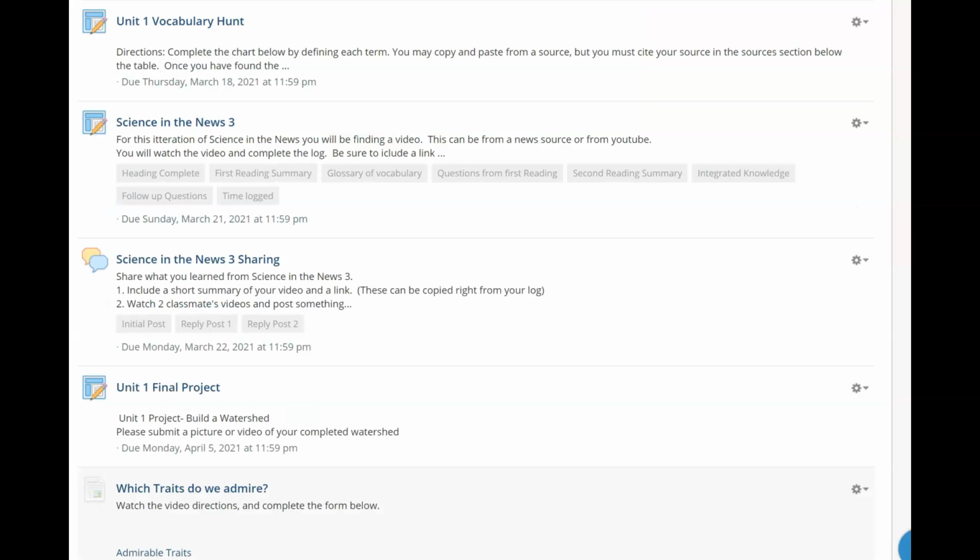And the last 2 pieces of this unit were the Unit 1 vocabulary hunt and the Unit 1 final project. So the vocabulary hunt taps into representation as well as action and expression.